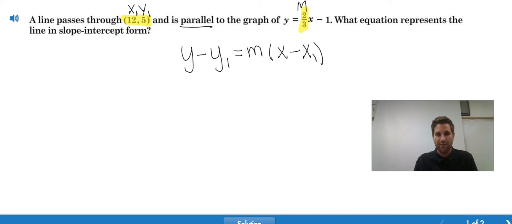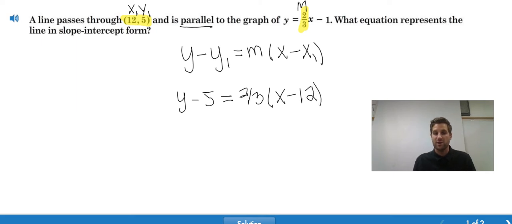We get y minus 5 equals 2/3 times x minus 12. Now we want to solve this for y equals slope intercept, or y equals mx plus b. So I'm going to have to distribute this into our parentheses. So we get 2/3 x. Now if I take 12 and divide it by 3, that's 4, and then 4 times 2 is 8.